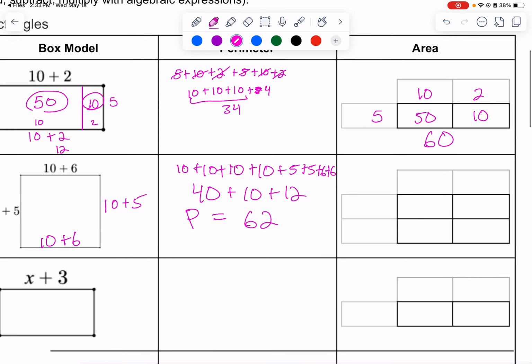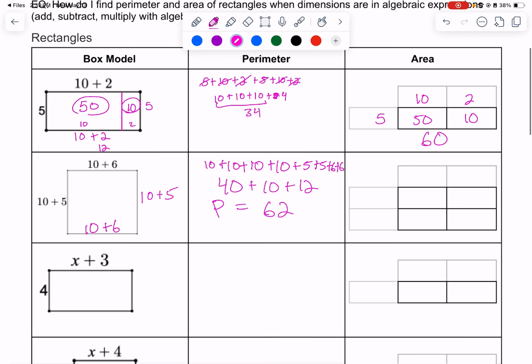Let's see how these numbers can be broken apart to calculate the area in pieces as well. So if I have the 10 and the positive 6 here, and 10 and the positive 5, 10 and 10 for my first box is going to give me 100. So this top left box is an area of 100. Now this 10 and 5 and 10 and 6 can be copied all the way around.